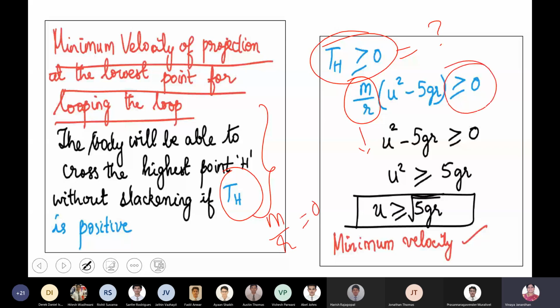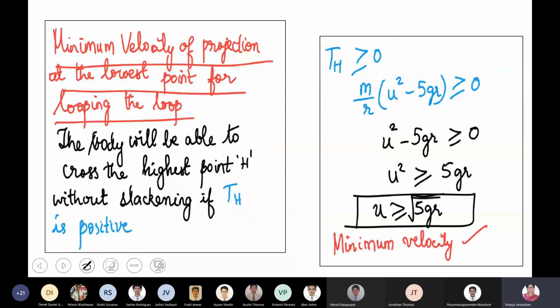Look at this expression, greater than or equal to 0. m by r can be greater than 0, but can m by r equal 0? You cannot have a body of mass m and the radius of the path also 0. That cannot happen. That is why u squared minus 5gr can be greater than or equal to 0. That is the reason you have gone for this, right?